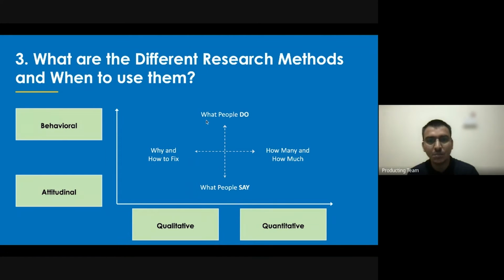When you understand what people do, that's behavior. When you understand what people really do with my product, or what people will do when I give them this option, that's behavior. And when you want to understand what people say, then you have to do attitudinal research. Okay, we'll move on.